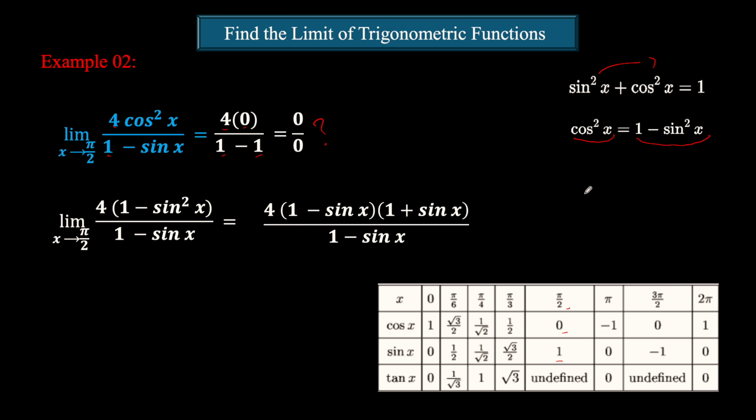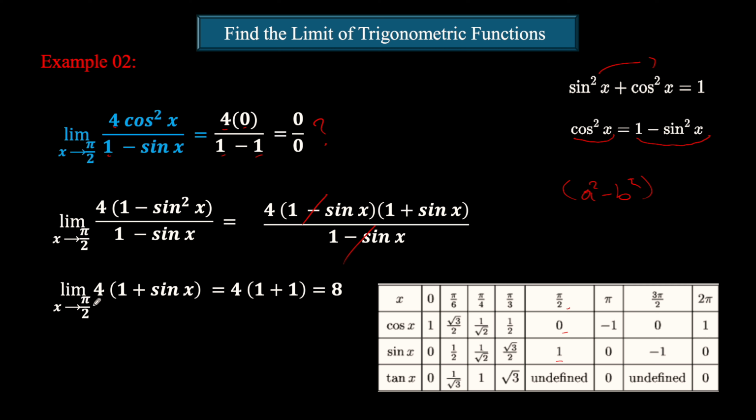Now we will apply the identity, the difference of squares, a square minus b square, okay? So we will get 4 multiplied by 1 minus sine x multiplied by 1 plus sine x over 1 minus sine x. So this will disappear with this, 1 minus sine x over 1 minus sine x, and what will remain is 4 multiplied by 1 plus sine x.